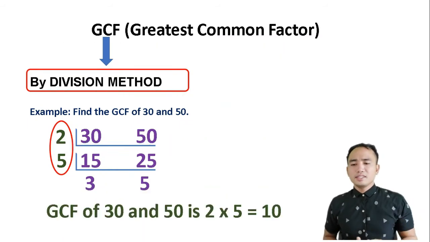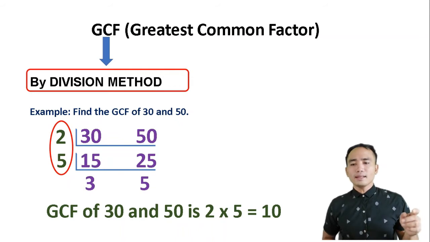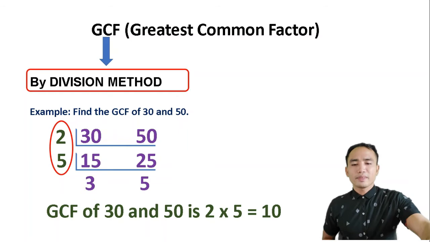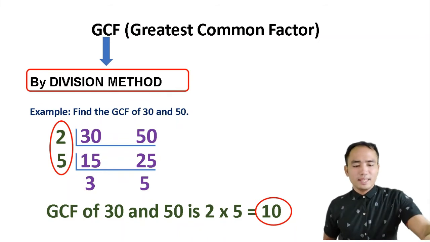So the GCF of 30 and 50 is 2 times 5. We will multiply that, or find the product of 2 and 5, and that is equal to 10. Therefore, 10 is the GCF of 30 and 50.